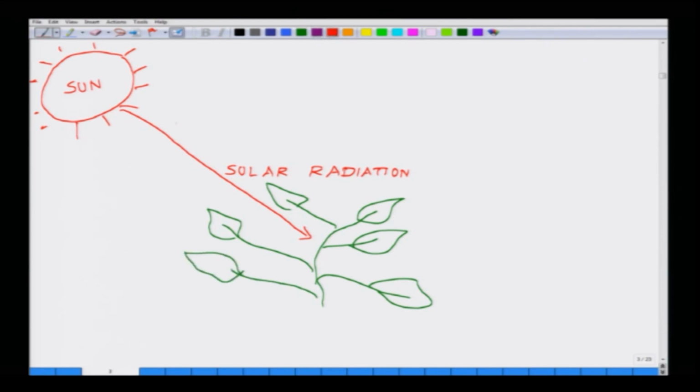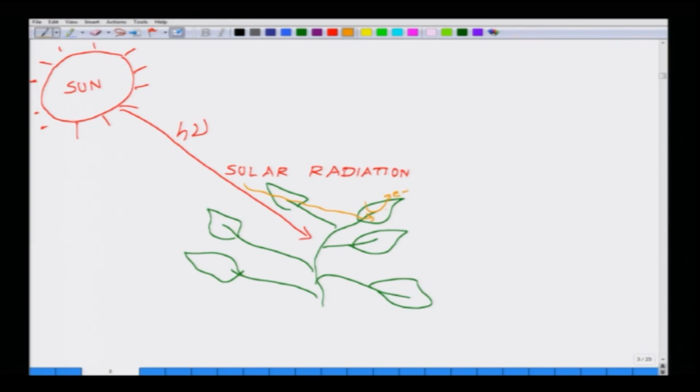It comes in the form of h nu, and once the light falls on these surfaces, within this machinery there is an ejection of an electron.